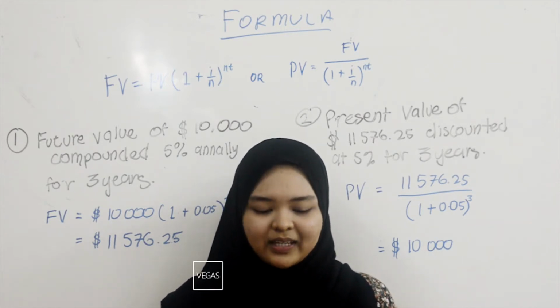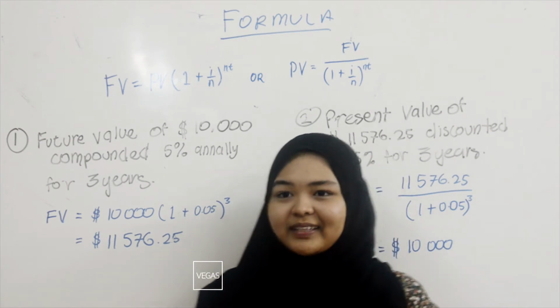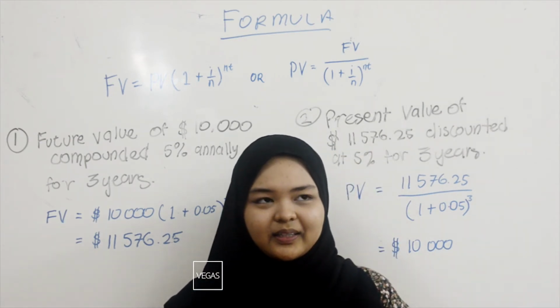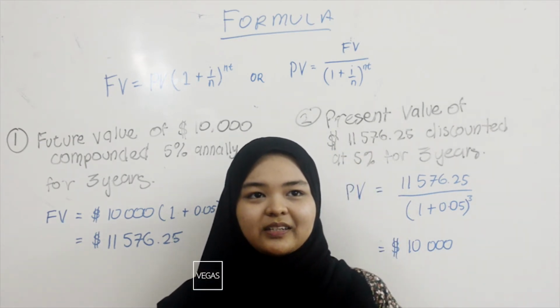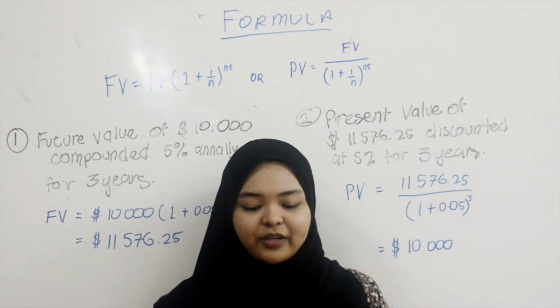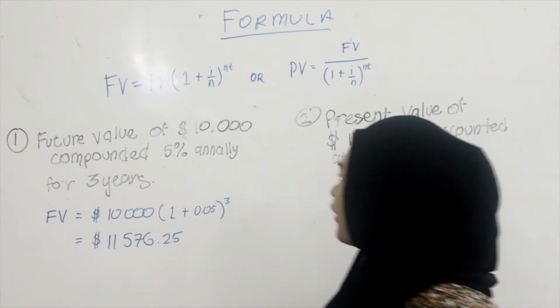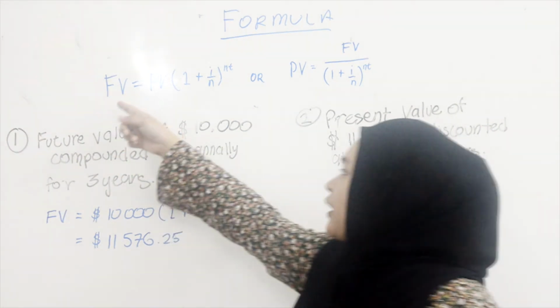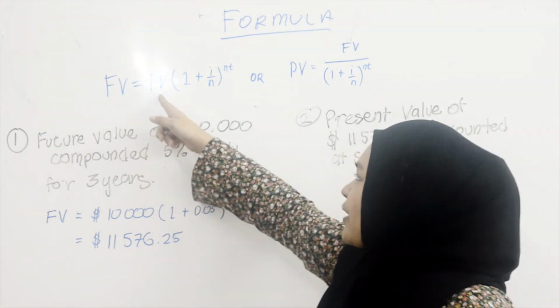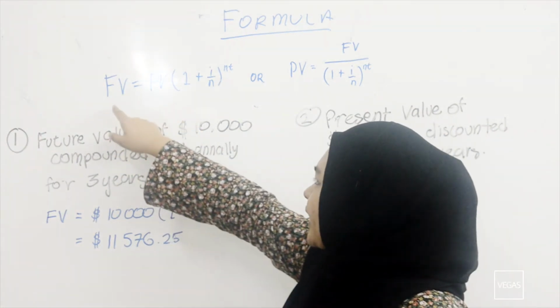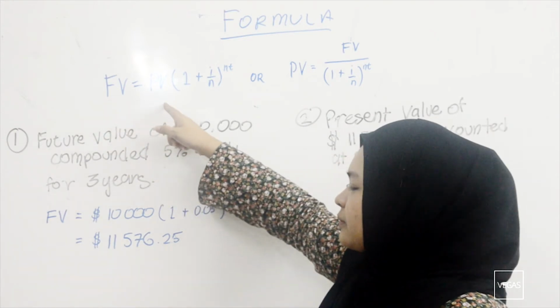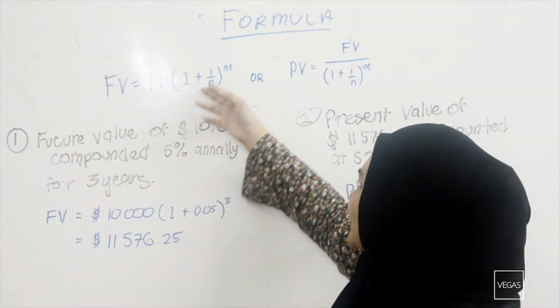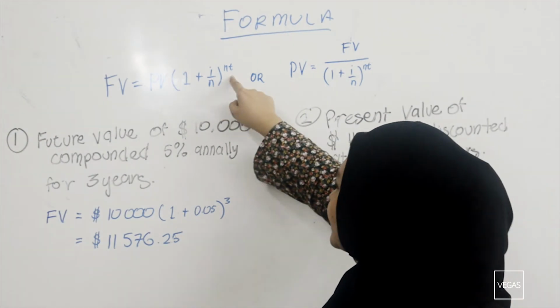It is the discount factor, where it is the reciprocal of the interest rate. The formula for obtaining the future value, FV, and the present value is given by FV equals PV times (1 plus i over n) to the power of nt.